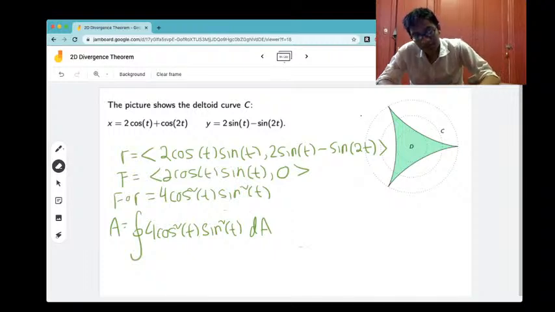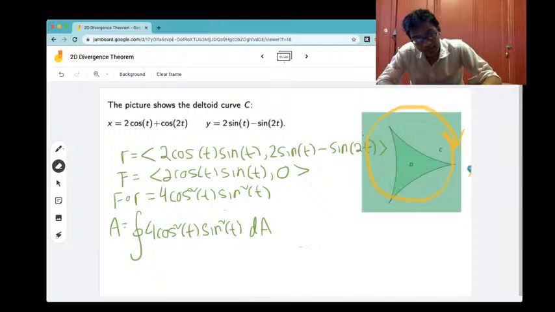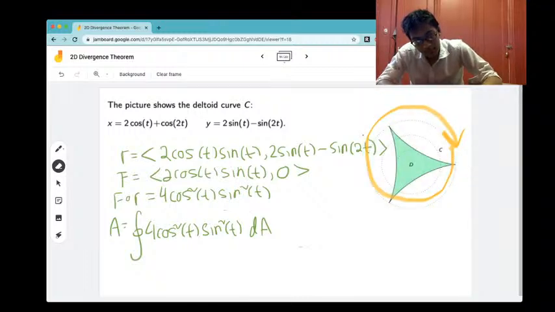What are the bounds of my integral going to be? Well, let me use my thicker marker to denote that. So the bounds of my line integral are going to start from right here to right there. And what is that? Well, that means we start at 0 and we end at, whoops, I shouldn't have moved that. It starts from 0 and it ends at 2 pi.